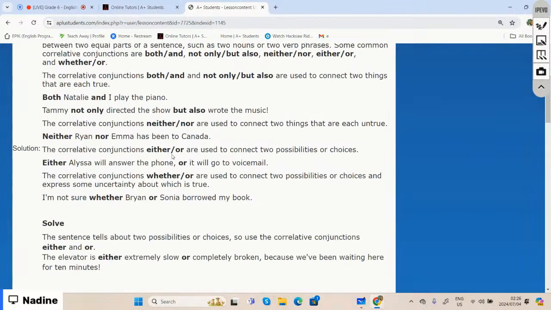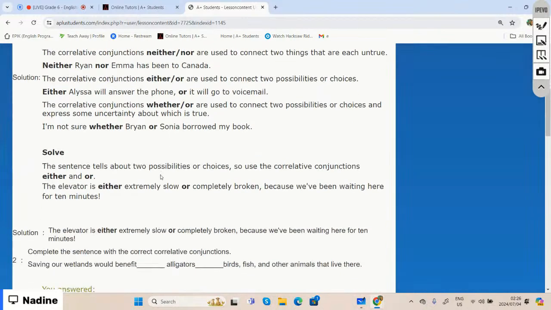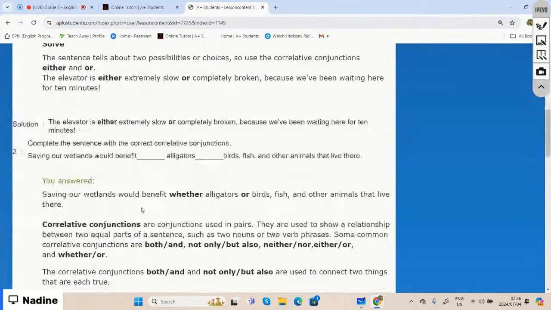All right. If you look at the next one, it says saving our wetland would benefit alligators, fish, and other animals that live on it.